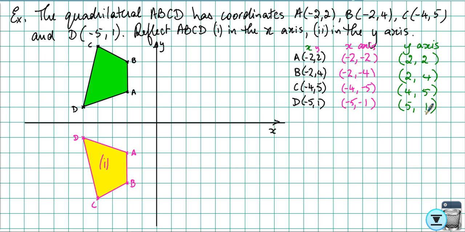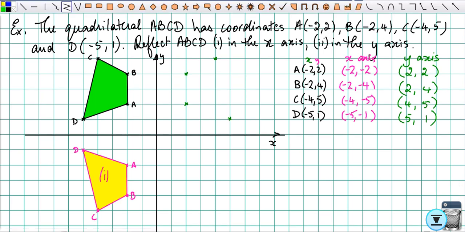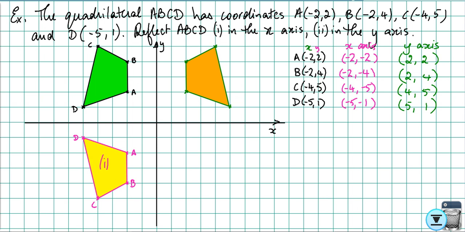So it's 2, 2, 2, 4, 4, 5, and 5, 1. There is my reflected shape. I'm going to draw the shape. I'm going to label A, B, C, D. And that was shape number 2.